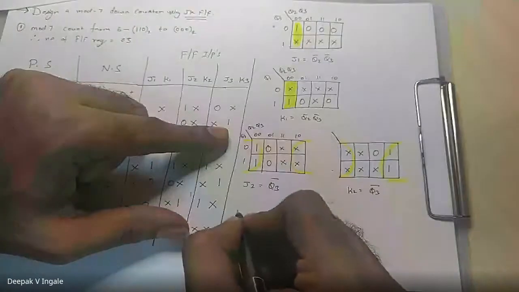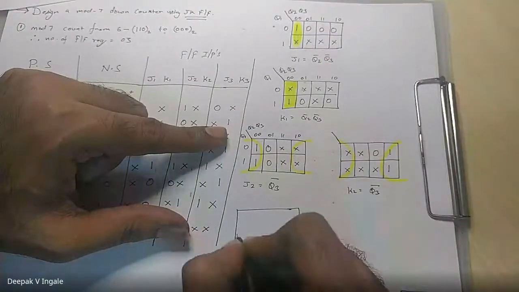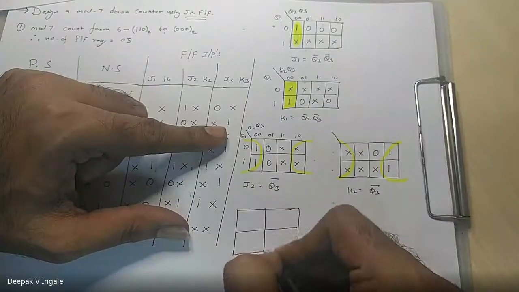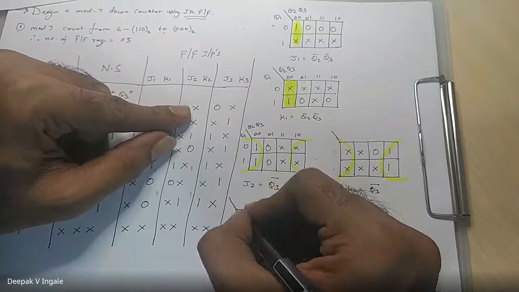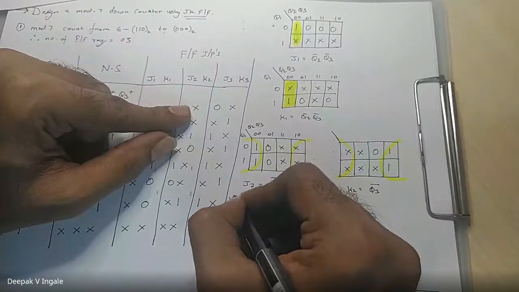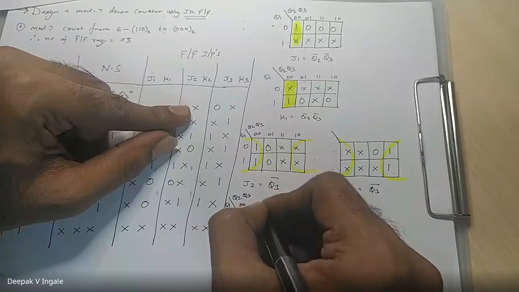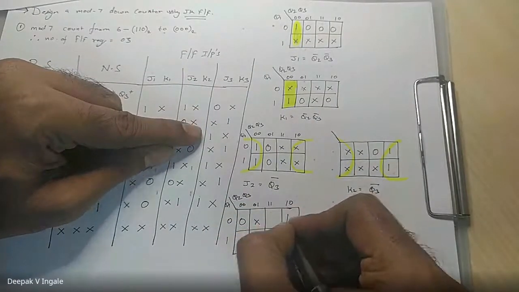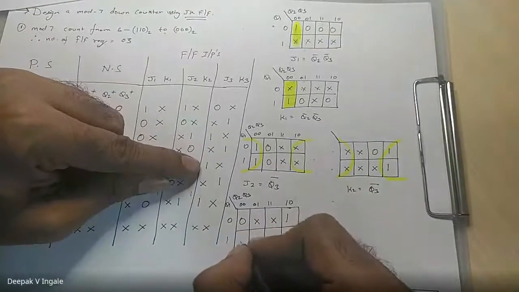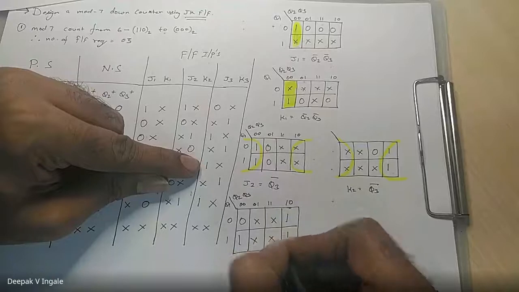Yes, sir. Okay. Please solve for the last flip-flop. Zero x, 1x, and this is going to be 1x, 1x.